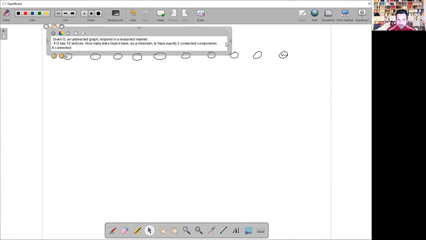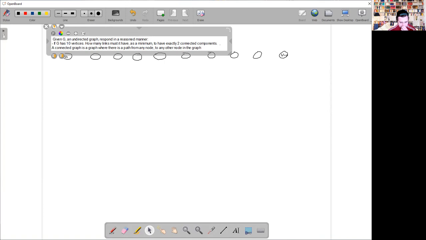A connected graph is a graph where there is a path from any node to any other node in the graph, right?